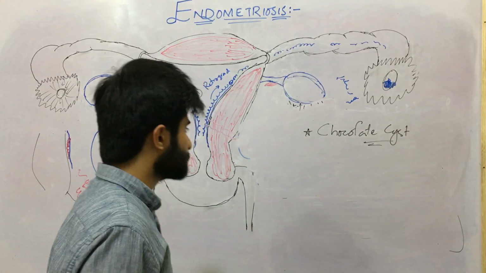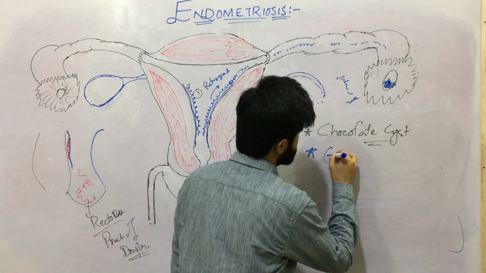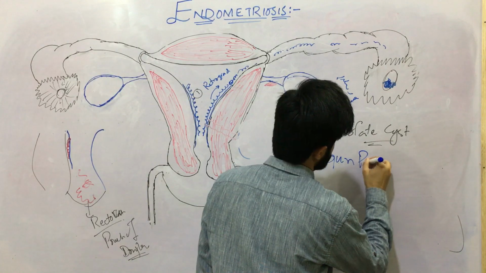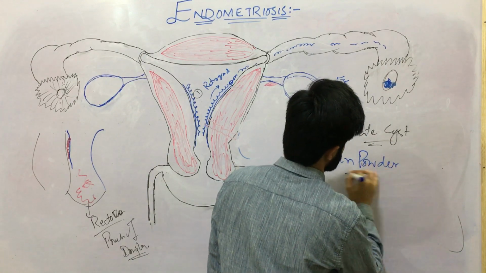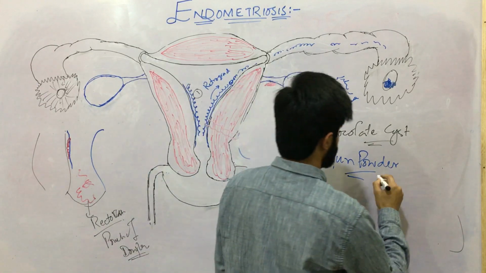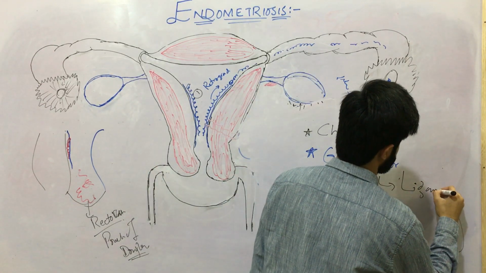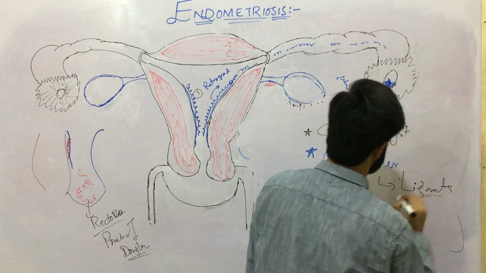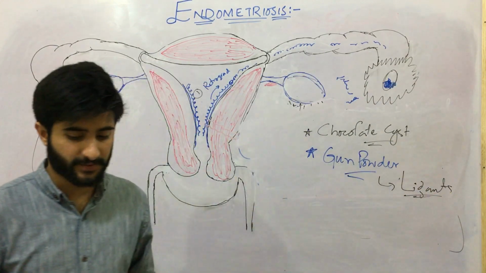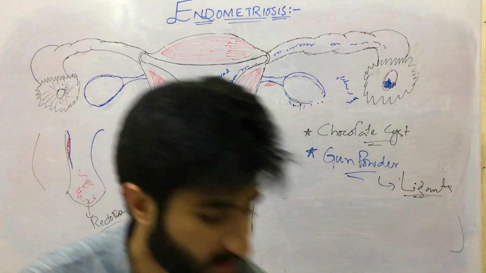Endometriosis also has a gunpowder appearance. If it is present in the ligaments of the uterus, somewhere near the ligaments of the uterus, it will have a gunpowder appearance, like there are some patches and spots of gunpowder.